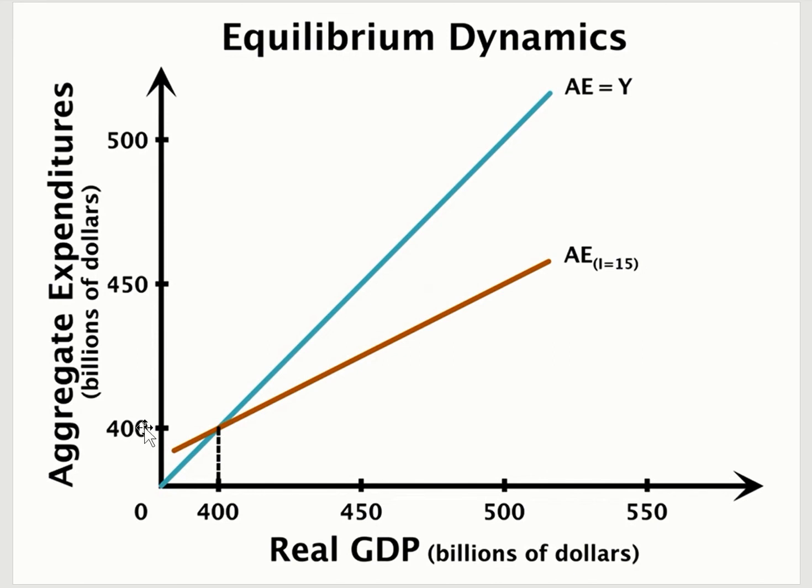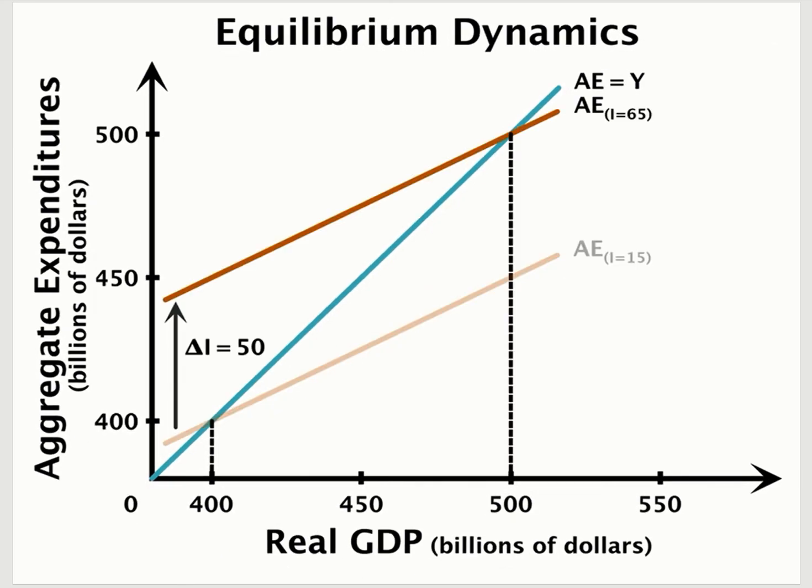The aggregate expenditure is at 15, and we have our economy currently sitting at 400 real GDP. Now, if this increased by a little bit, only by 50, so it goes from 400 to 450, then you're going to have a much bigger change for our real GDP, right?